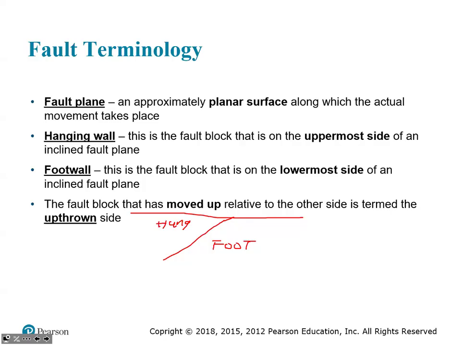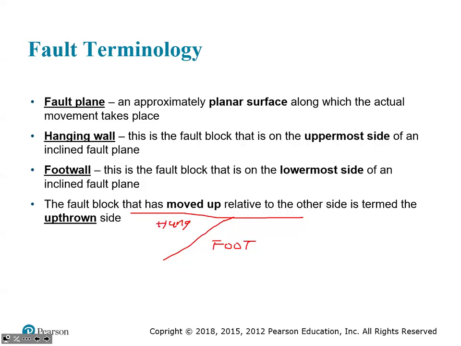And then there is the hanging wall, which is the fault block on the uppermost side of an inclined fault plane. It's called the hanging wall because that's where you can hang your lamp. It's above your head. It's where you hang things. The footwall is the fault block on the lowermost side of an inclined fault plane.